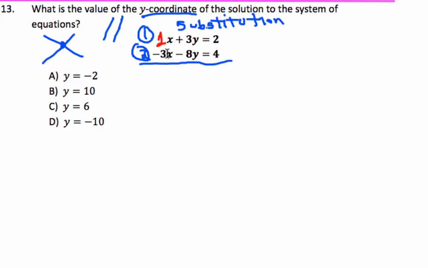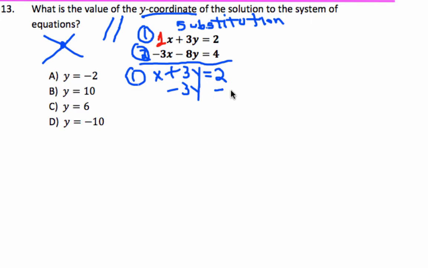Now, what we do at this point is solve for the variable whose coefficient you've identified to be 1. If there's more than one variable whose coefficient is 1 or negative 1, you can solve for any of those variables. So I'm just going to repeat equation number 1 here, and I'm going to solve for x, which is very easy because the coefficient of x is 1.